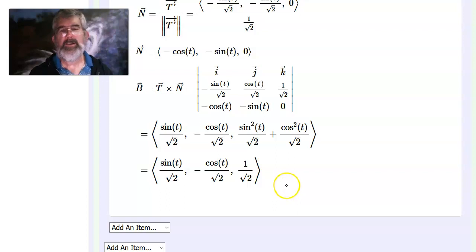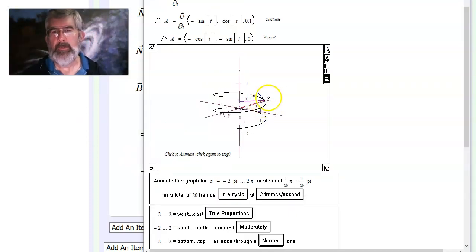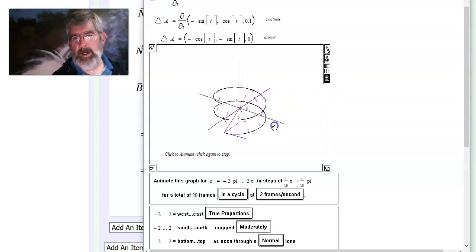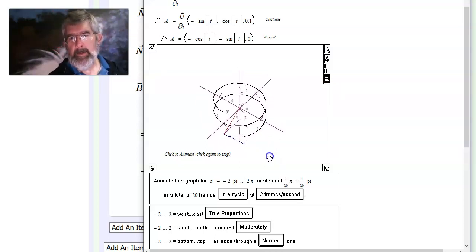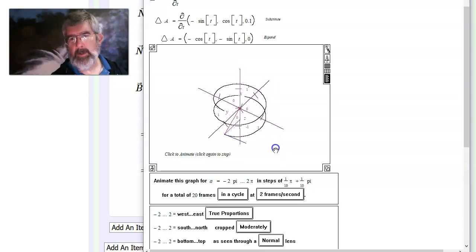Let's take a quick look at some pictures here. The first picture I have here is that helix that we just looked at. The z component is squashed a little bit, so it doesn't rise quite so fast.